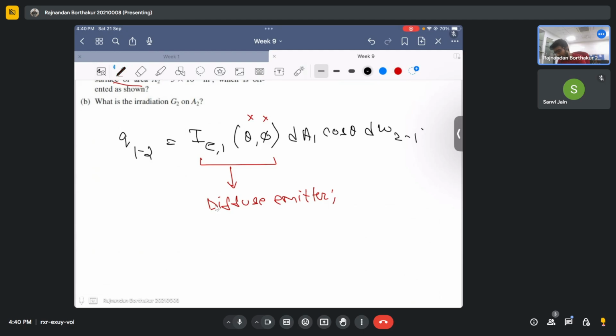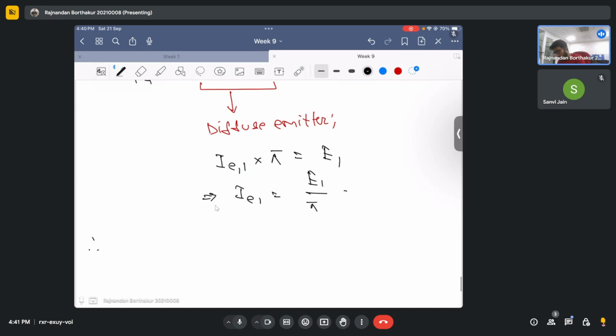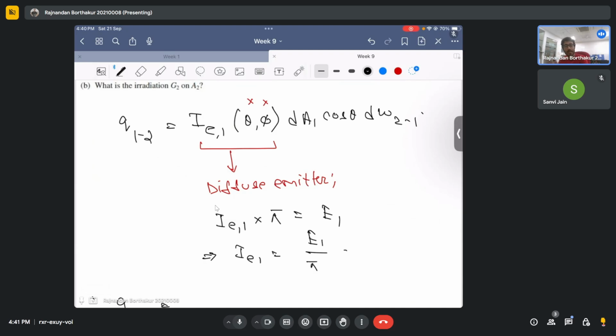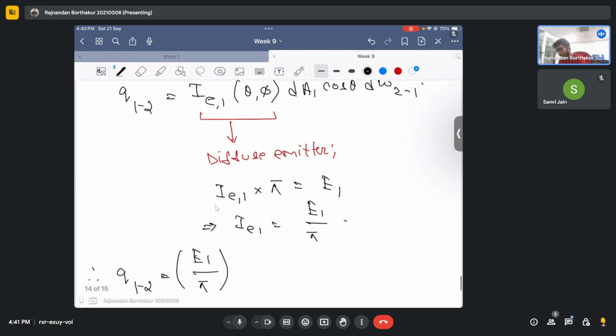So you can simply write that IE1 times pi is equal to the emissive power of the body 1, and then you can write IE1 equal to E1 by pi, where E1 is nothing but the emissive power of the body 1. Therefore your Q12, that is the radiant energy leaving body 1 that is intercepted by body 2, is equal to the emissive power of body 1 by pi, because body 1 is a diffuse emitter. That's why you can use this expression that we just now derived.